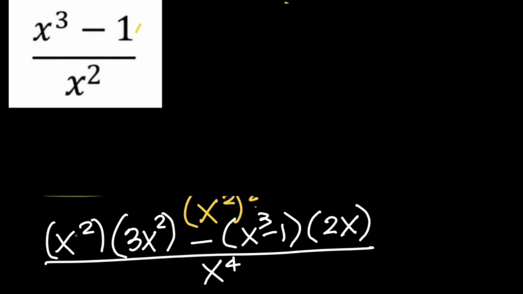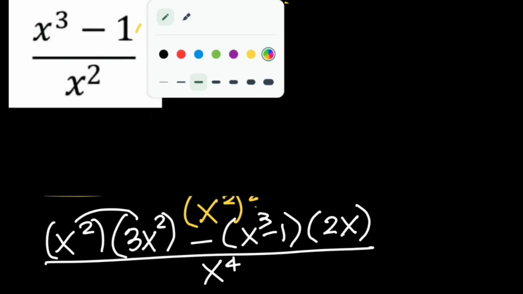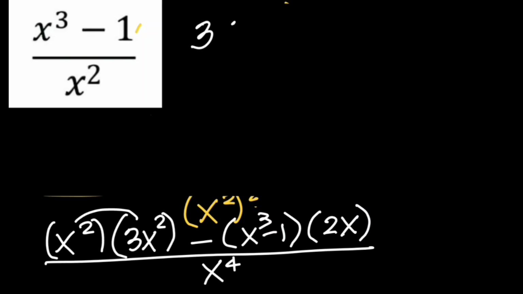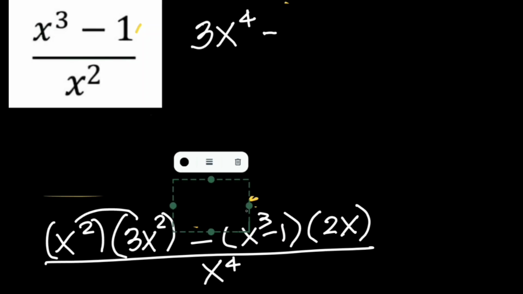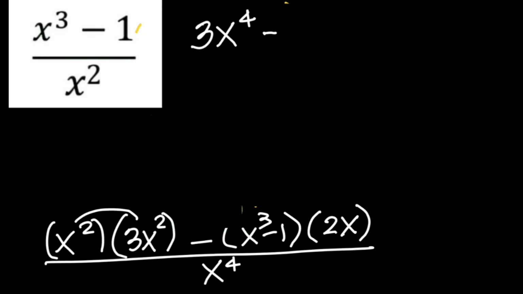So the numerator would become x squared times 3x squared, so this is just 3x to the 4th, minus 2x times x cubed minus 1. So we distribute 2x to the expression x cubed minus 1.